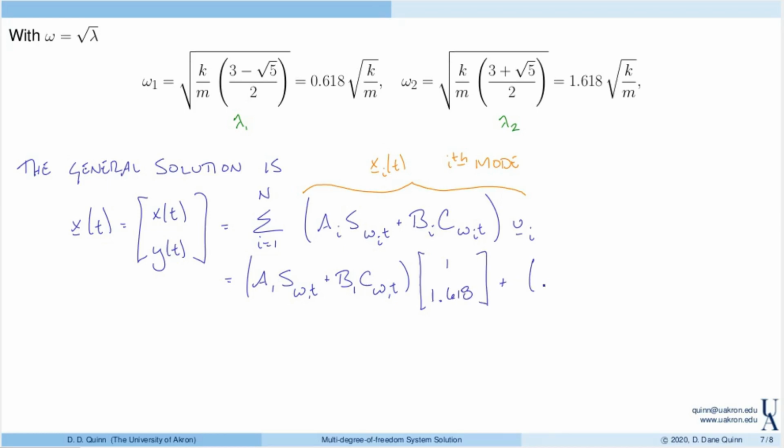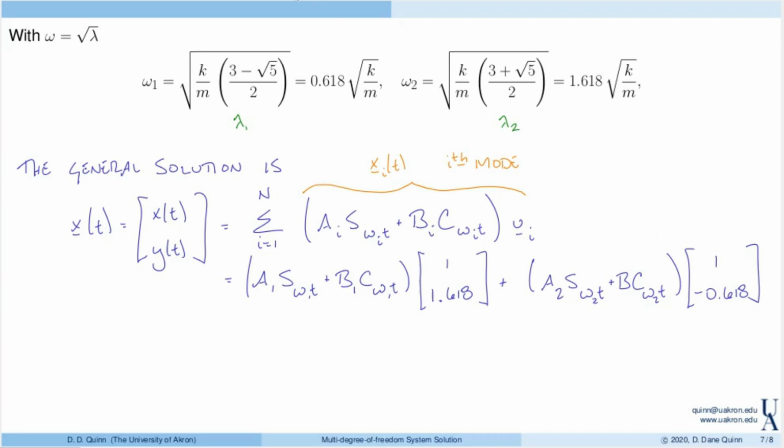And then the second mode looks like A2 sine omega 2 t plus B2 cosine omega 2 t, times u2. So omega 1 and omega 2 are definitely known from the eigenanalysis. u1 and u2 are definitely known from the eigenanalysis. That's 1 and minus 0.618.